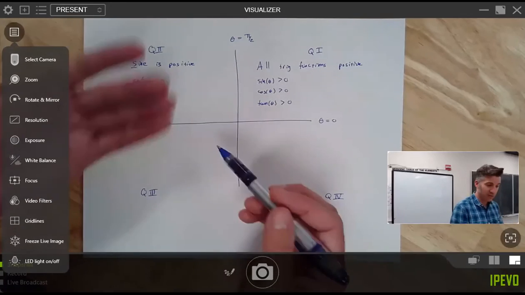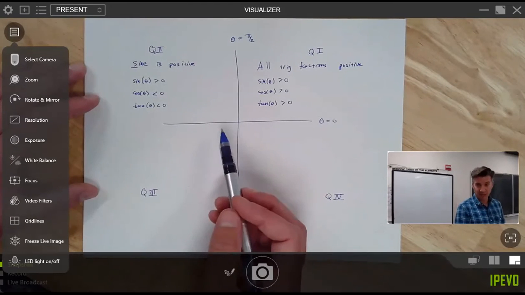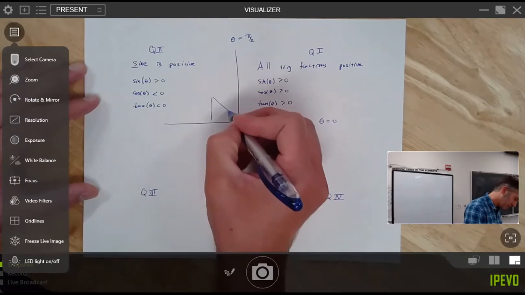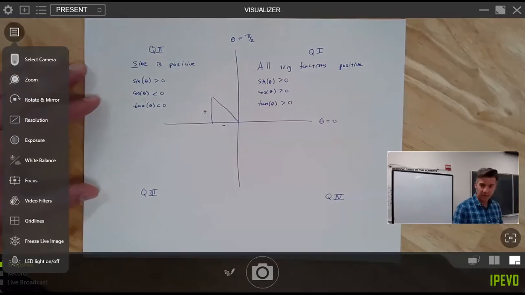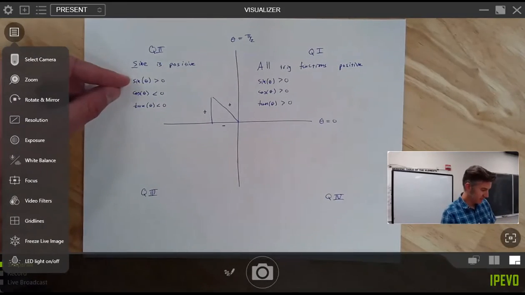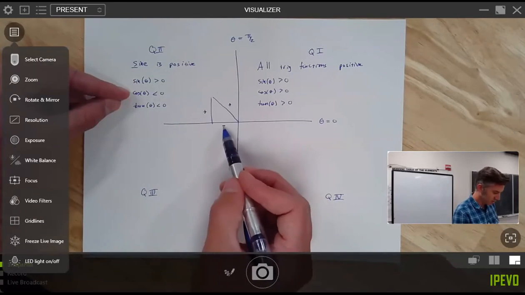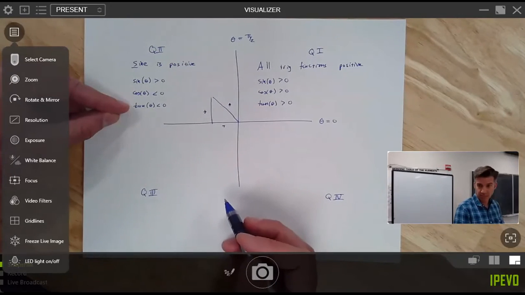It has to do with how we drew the triangle, right? If the triangle is on the left, then the adjacent side is going to be negative. But if it's up here, so if we're drawing our triangle like this, this side's negative and this side's positive, and this side's positive. So that's why sine's positive, because it's opposite over hypotenuse. Cosine's negative because it's adjacent over hypotenuse, and tangent's negative because it's opposite over adjacent.